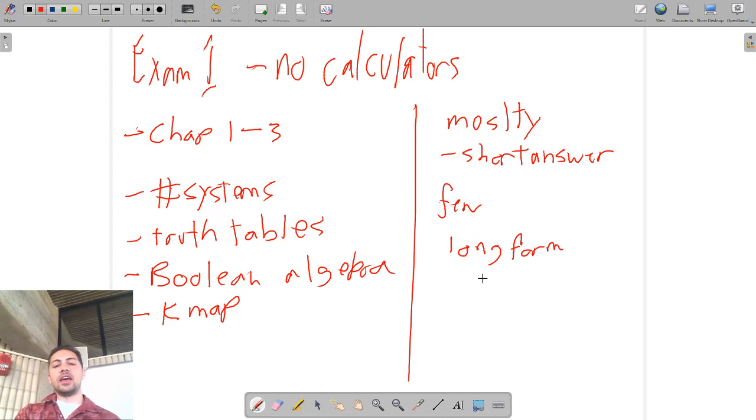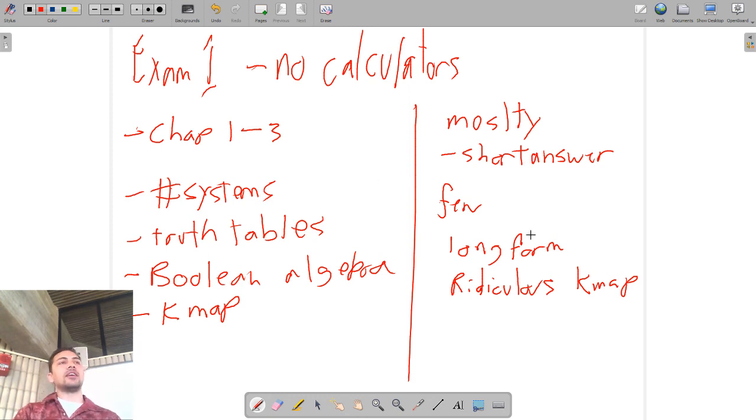Long form in this case is probably a ridiculous K-map. Short answers are reduce or tell me a little bit about something or convert something from one base to another. I do aim for these to be about 50 minutes. Some years I'm more successful than others.